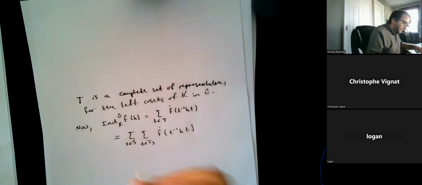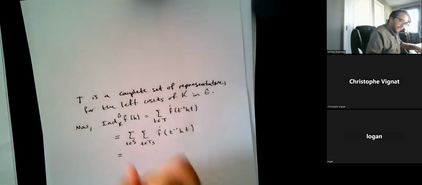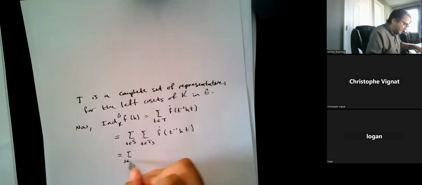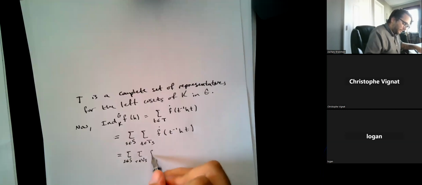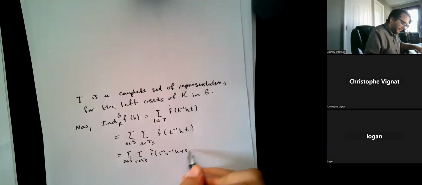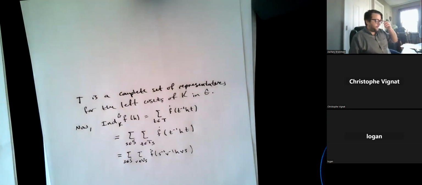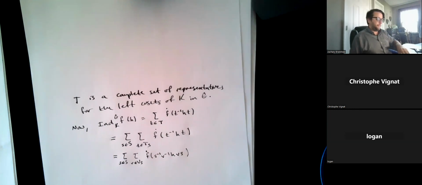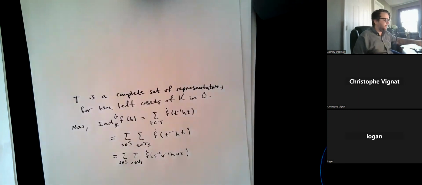Oh, and this is the sum over S in S, sum over V in V_S of F dot S inverse V inverse H V S. Okay, so again, just unpacking some definitions that we defined.